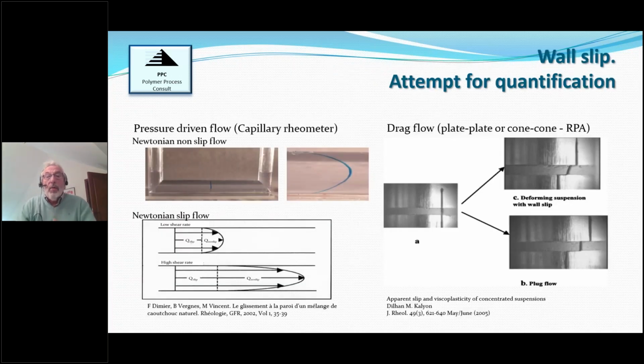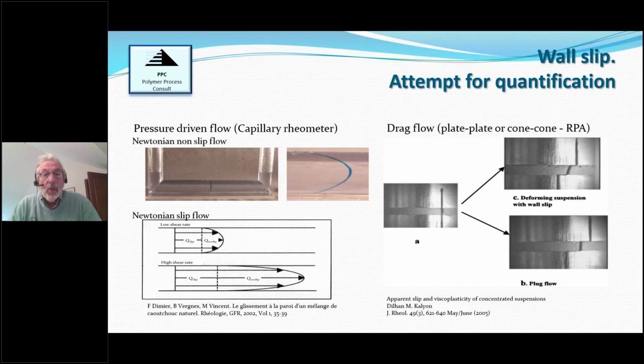So for the attempt at quantification of wall slip, we have to consider that we have a pressure-driven flow, as in a capillary rheometer, an extruder, and so on. In the picture here, we can see that we have a die line. When we are pushing the Newtonian liquid through the tube, we're going to have a very nice parabolic profile, because it's a Newtonian fluid.